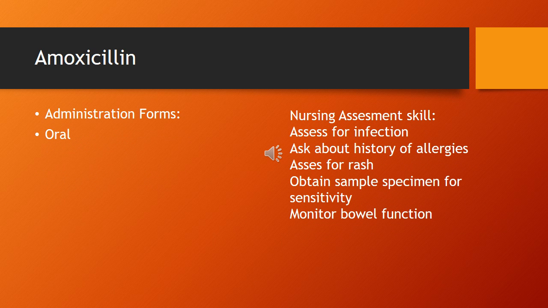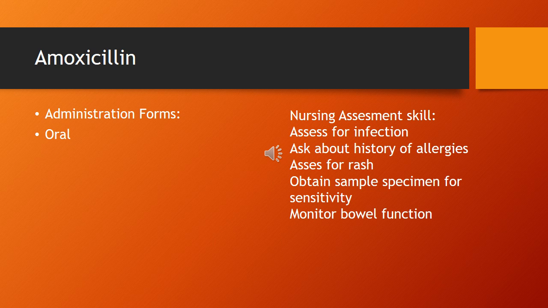Okay, amoxicillin is an oral medication, and the patients will take this medication orally. When assessing a patient utilizing this medication, you're going to assess for infection. Again, that's why they're taking this, to help fight off a bacterial infection.